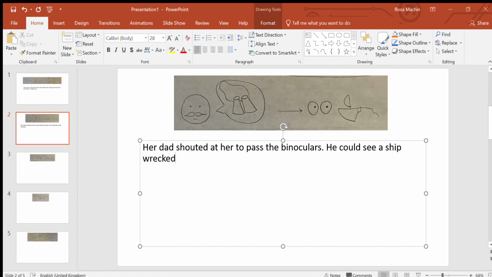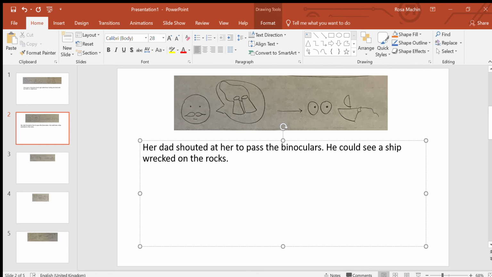He could see a ship wrecked on the rocks. Rocks. Okay, and another full stop at the end here as well.